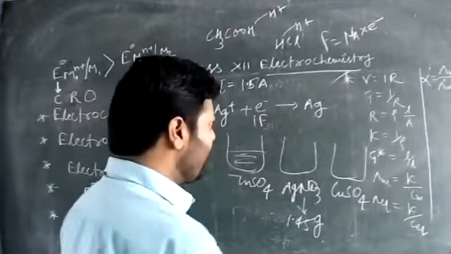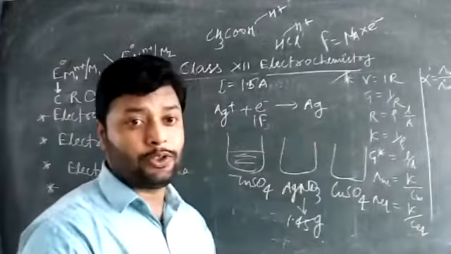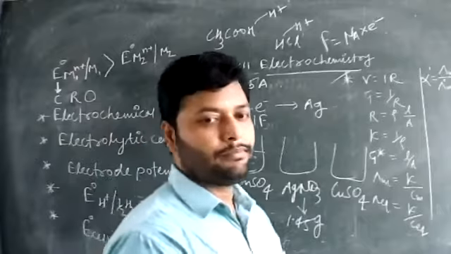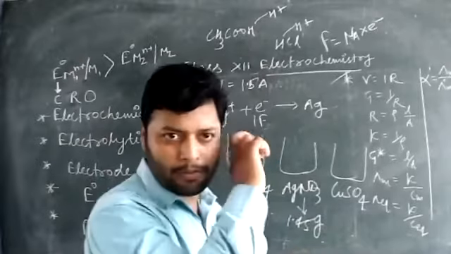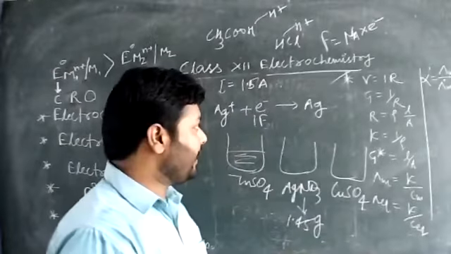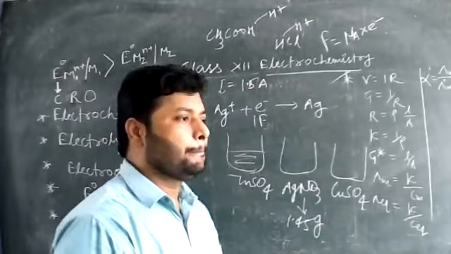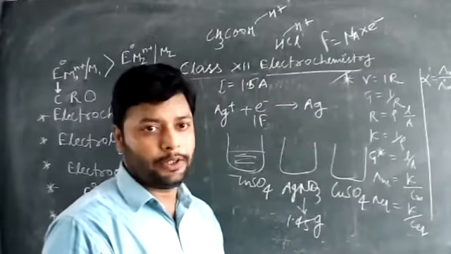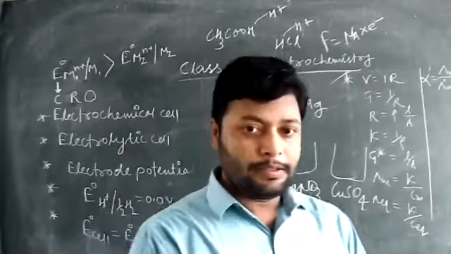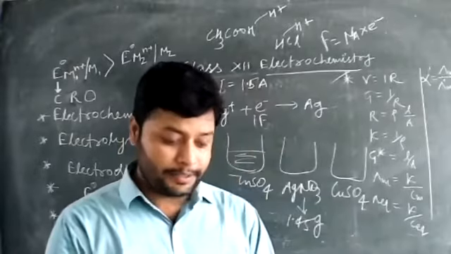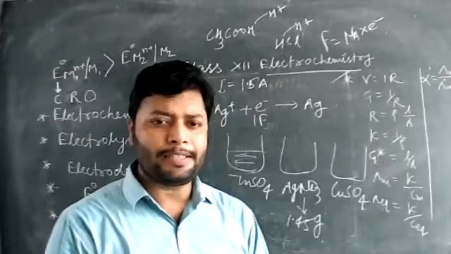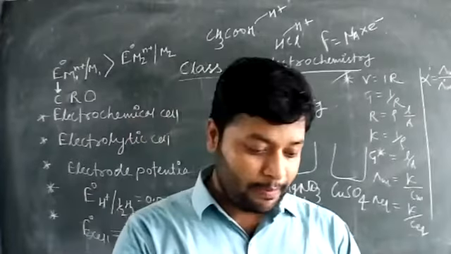Can anyone tell what is the atomic mass of silver? I am not sure of the exact value. I think it is some 100. But you can calculate without the mass, I think, because we have an idea about that.